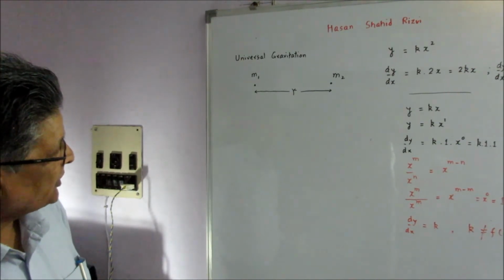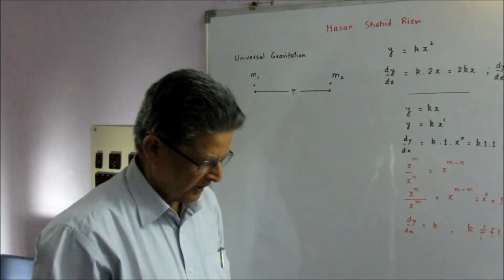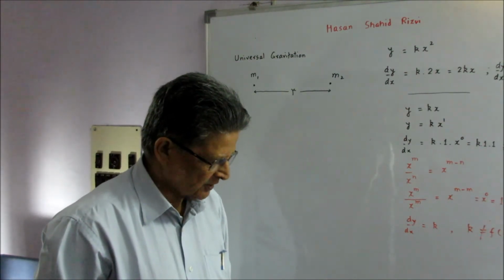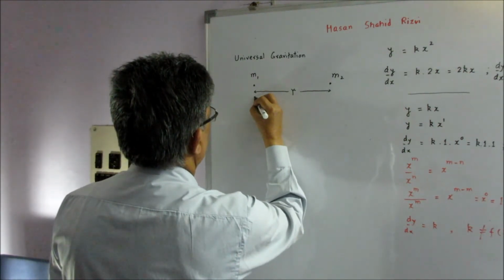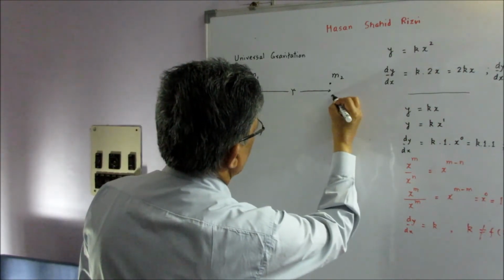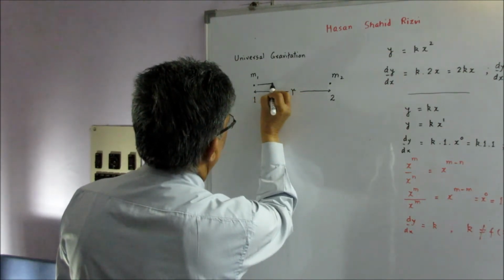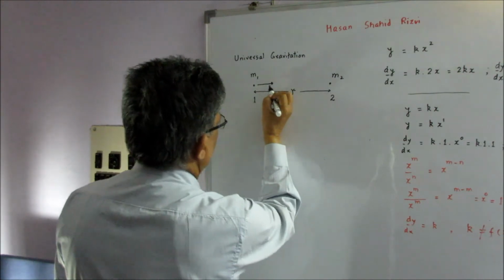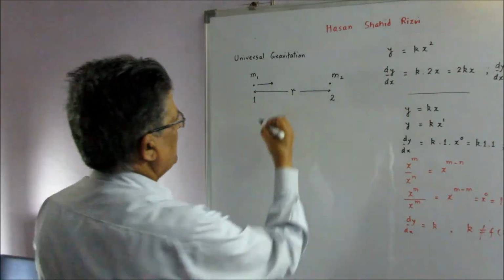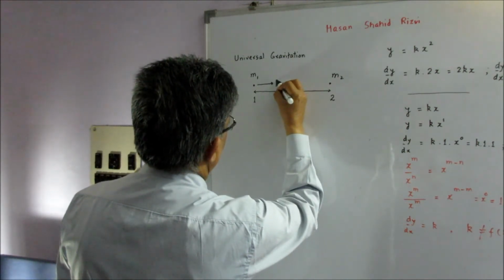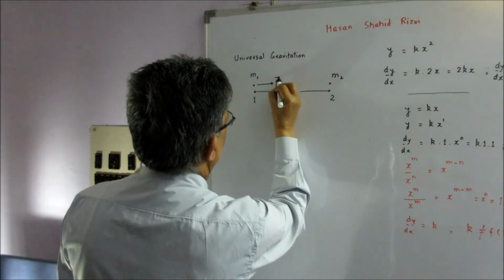Being the law of gravitation, you know that two masses attract each other. If this I call 1 and this I call 2, then there is a force of attraction on the mass number 1, and I'll write it as F12, and this is a vector.